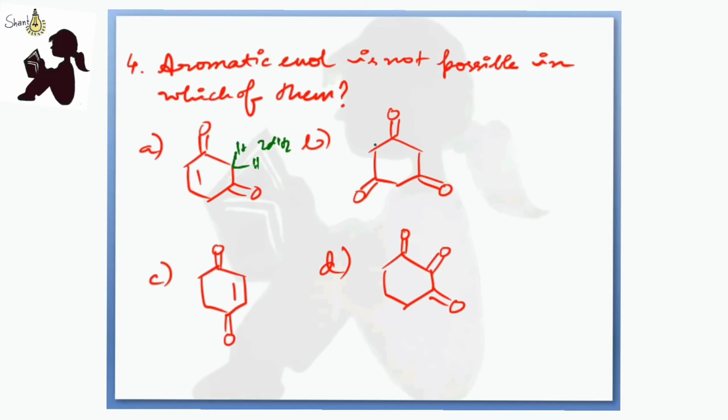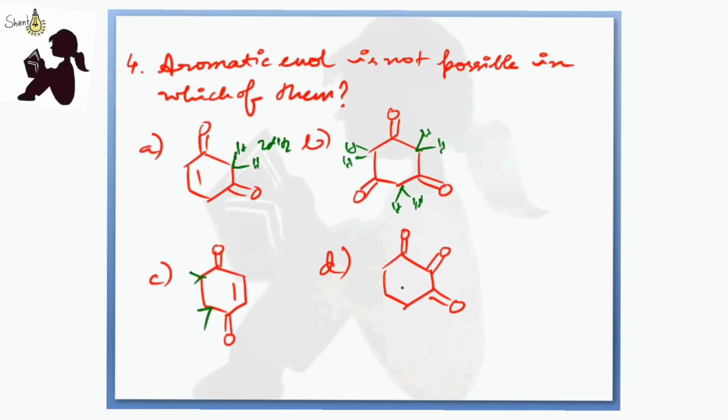And also you can see here, alpha H2, alpha H2 are present here, right? So it will also form aromatic enol. And here also we can see alpha H2 here, alpha H2 here, so it will also form aromatic enol.